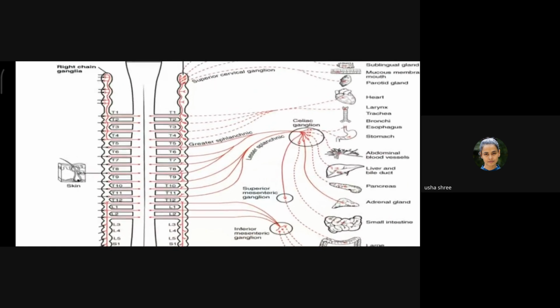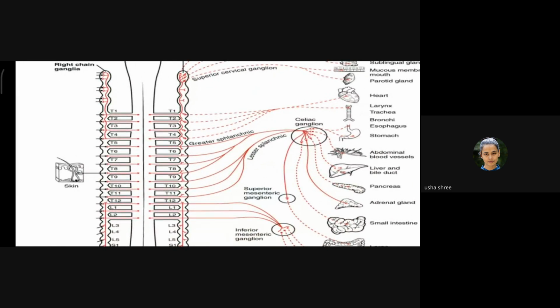Yes, ganglions are the collection of cell bodies of neurons. Okay, so a chain of ganglions is present from the upper cervical level to the lumbar level, beside the spinal cord or the vertebral column.